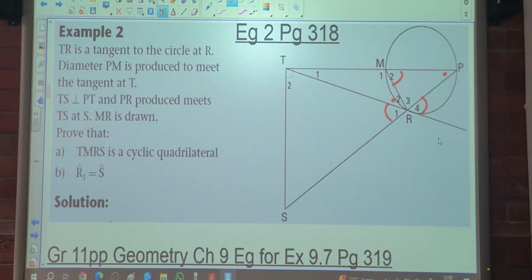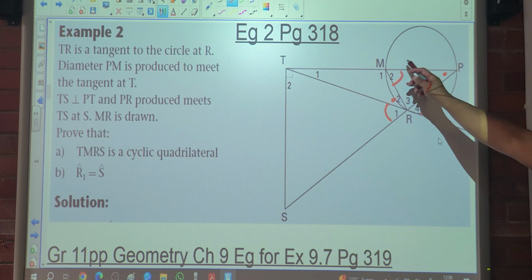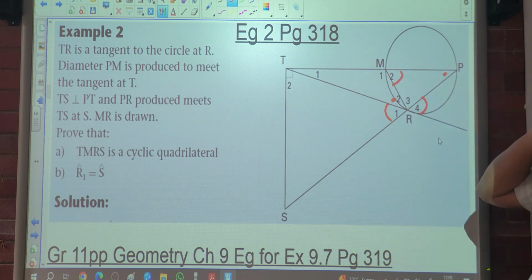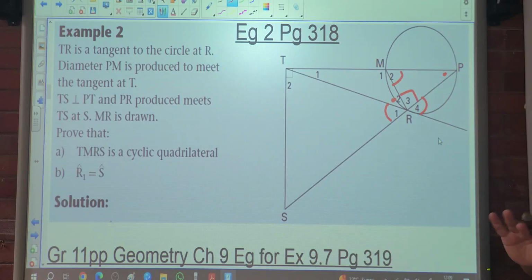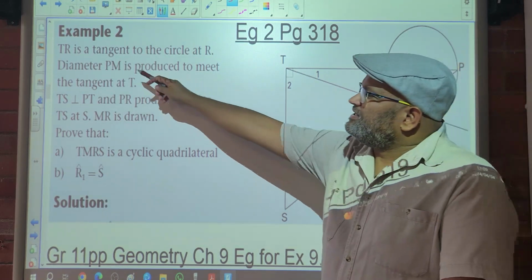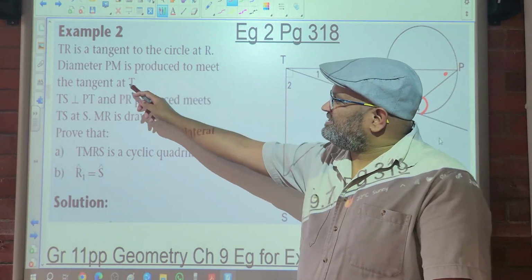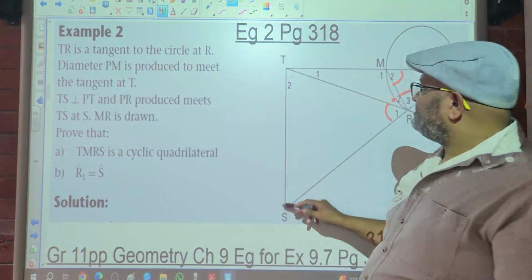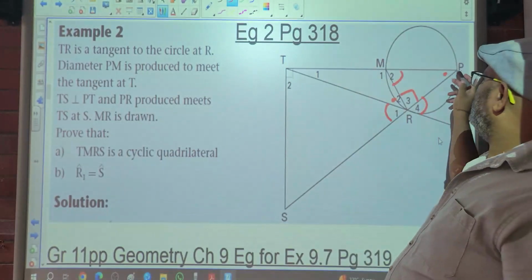Then we are told that PM is the diameter. What do we know? R3 is 90. Before going any further, what do we see? Straight line, yes. What else do you see? Okay, let's read on. TS is produced to be the tangent at T. TS is perpendicular to TP.